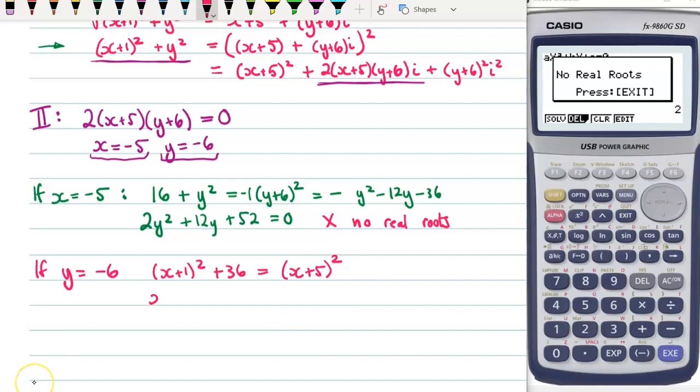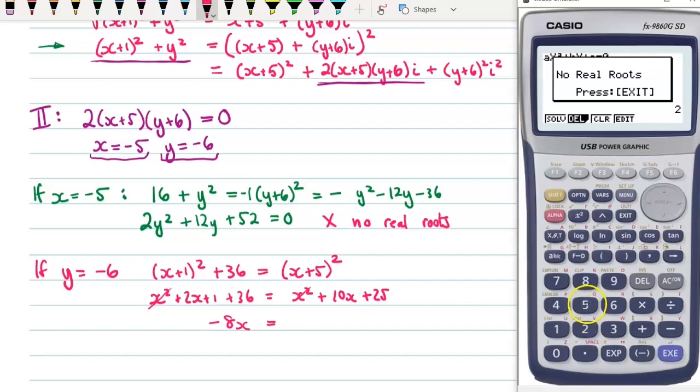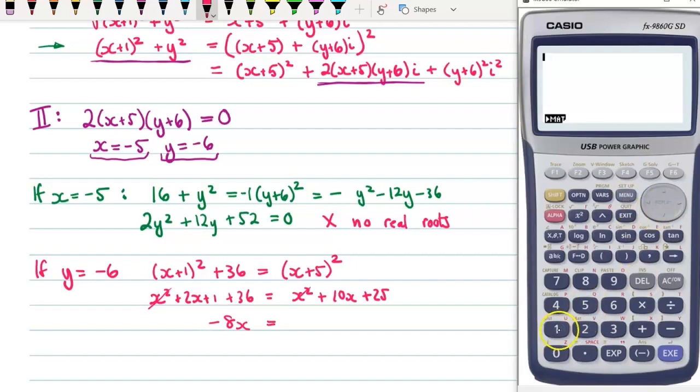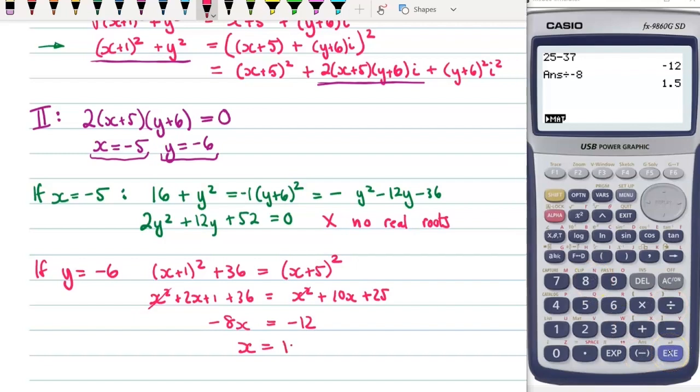So we've got x squared plus 2x plus 1 plus 36 is equal to x squared plus 10x plus 25. So the x squareds cancel, and let's bring the x's over to the left, so 2 minus 10 will be minus 8x, and then 25 take off 37 is minus 12, so x is 12 divided by 8, 1.5.